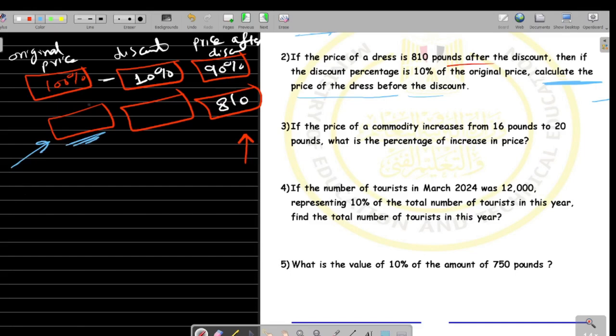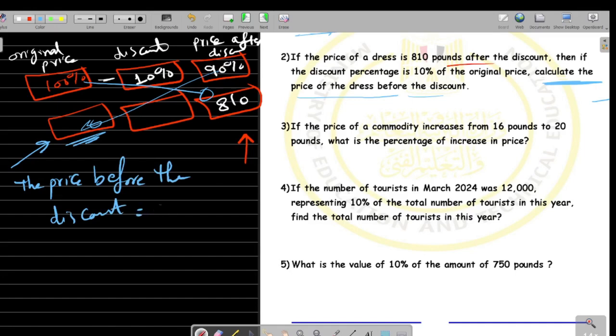To know the original price, you have to do the scissor way or extremes. We write here the price before the discount equals 100% times 810 divided by 90%. Easy. Percentage with percentage, 0 with 0.